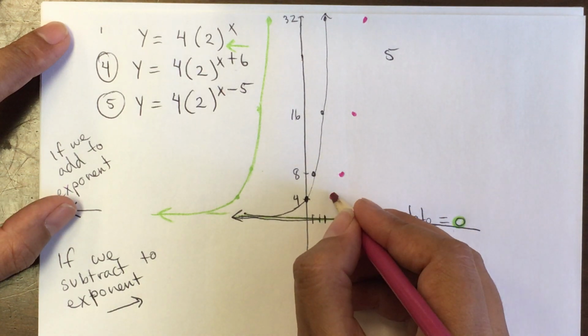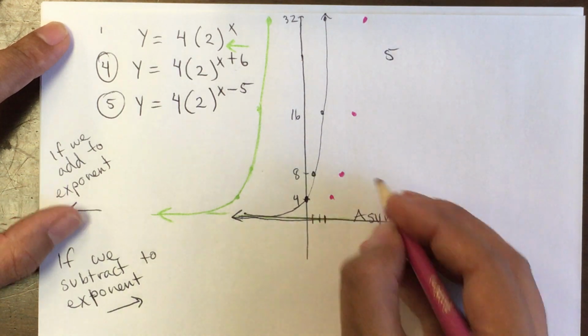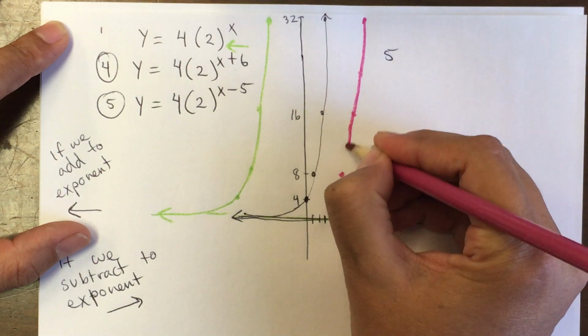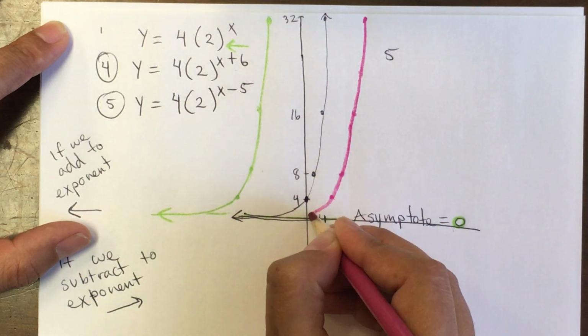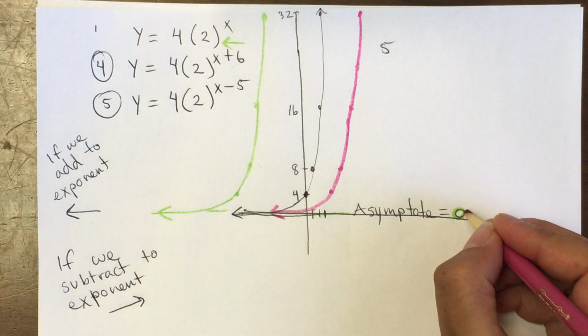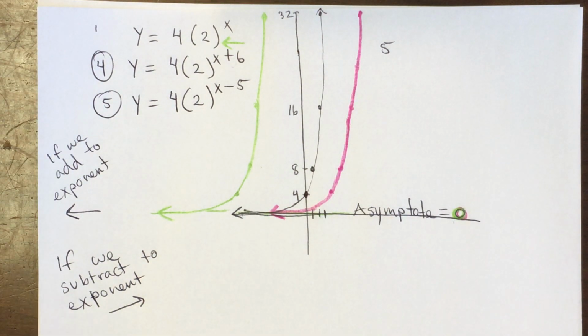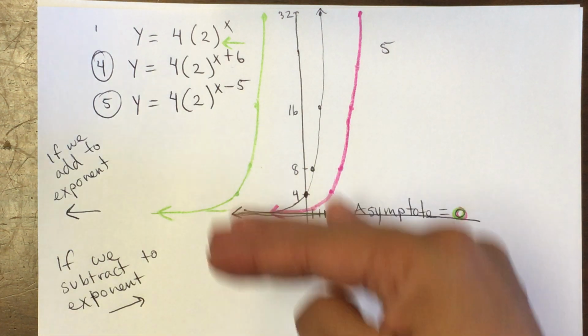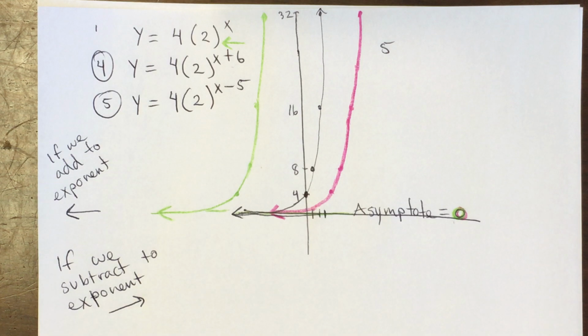Okay, and again the asymptote stays the same. So my graph is gonna be a little like this. Again the asymptote also stays the same because it's just moving to the left or to the right. It's not moving up or down, so the asymptote does not change.